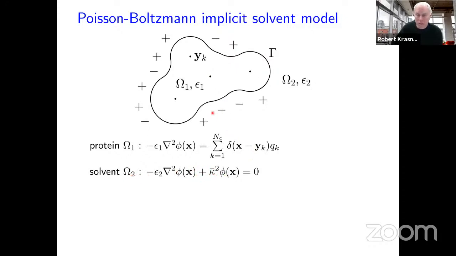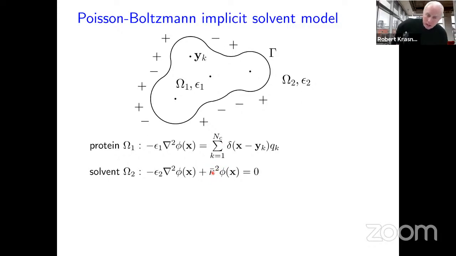So the ions that are dissolved in the solvent, in one theory, have a Boltzmann charge distribution. And when that's linearized, it shows up as this term over here. And so kappa is proportional to the ionic concentration, kappa bar, the way this is.